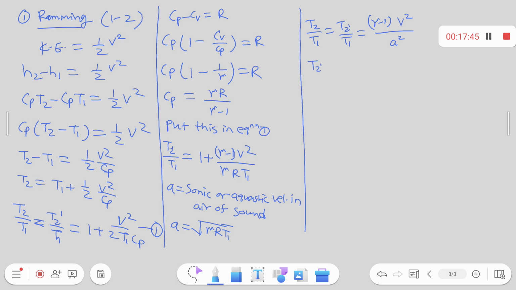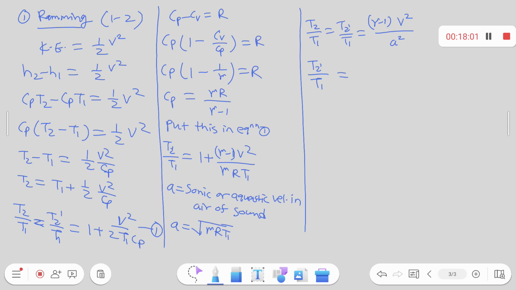Now what is velocity of object divided by velocity of sound? You learn this in the fluid mechanics.